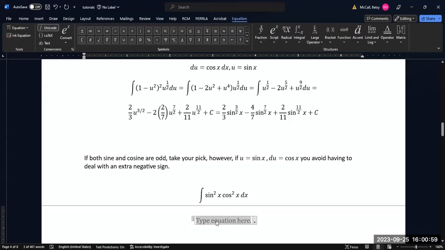So the sine squared is going to become 1/2 (1 minus cosine 2x), and the cosine squared is going to become 1/2 (1 plus cosine 2x) dx.